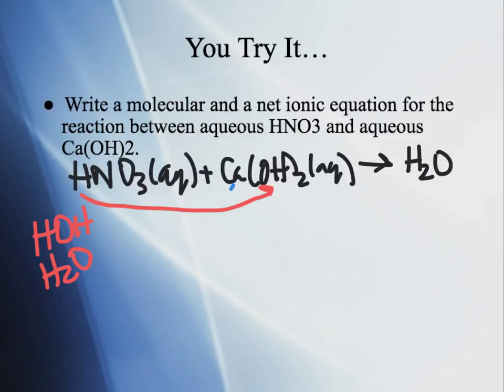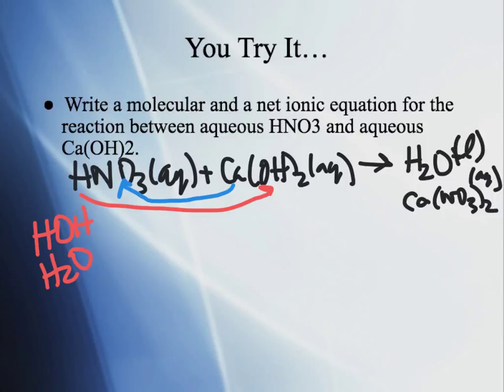It's going to drop hydroxide and hook up with NO3 now. So we're going to have Ca(NO3)2, and that is going to stay aqueous. So there is our molecular equation. And let's put an L here to make sure we know that it is pure water.